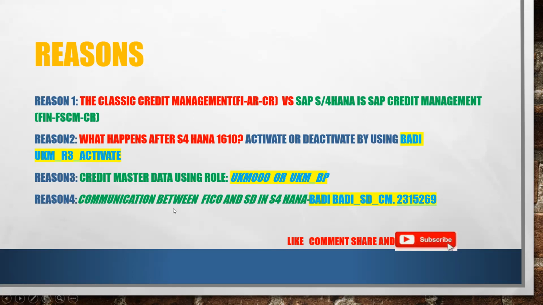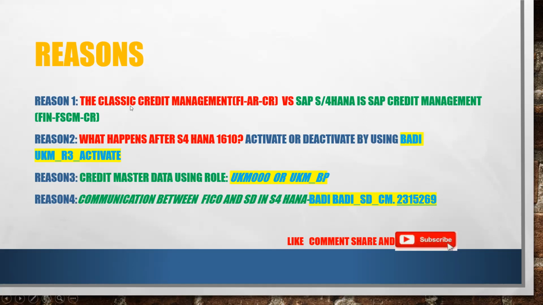Reason 4: communication between FI-CO and SD in S4 HANA. FSCM, Financial Supply Chain Management, is the module related to FI. If you have settings like dynamic credit check, static credit check, maximum document value, critical fields, different settings will be there.